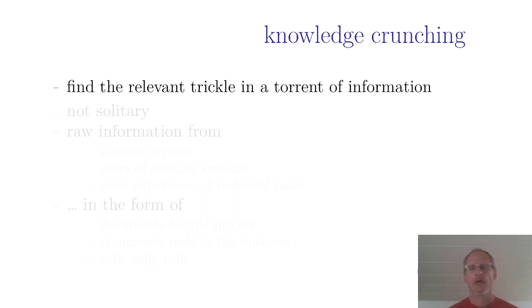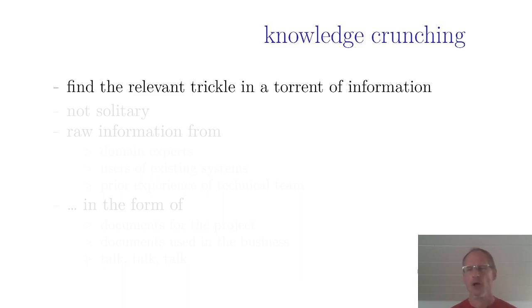And what is crucial to knowledge crunching is that we want to find the relevant trickle in a torrent of information. Obviously, if we open up the floodgates, so to speak, and we research what there is to know about any domain that you can pick, you will find that there is a torrent of information available.